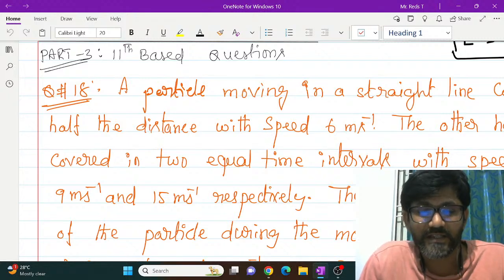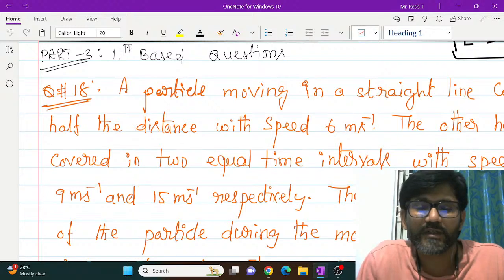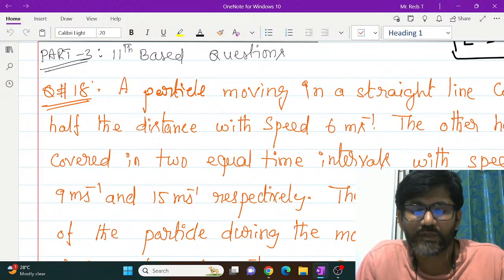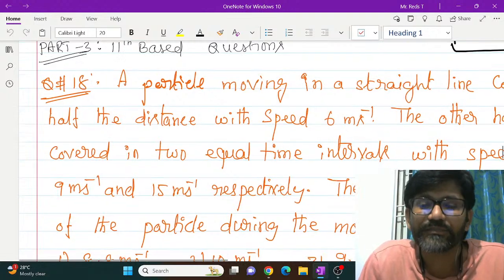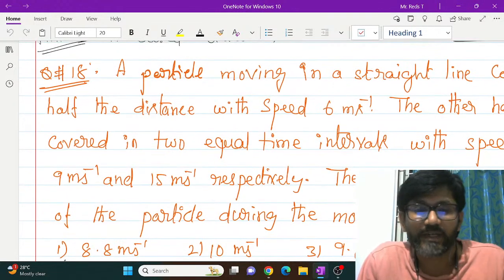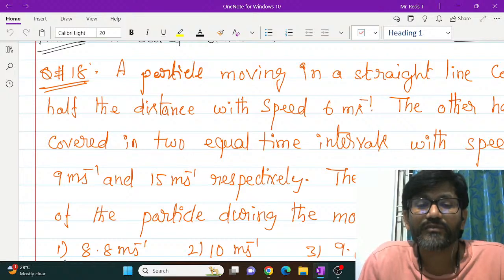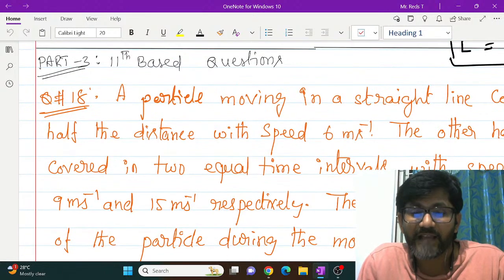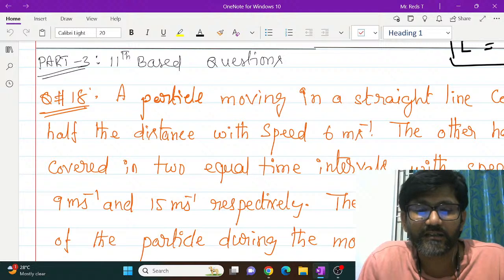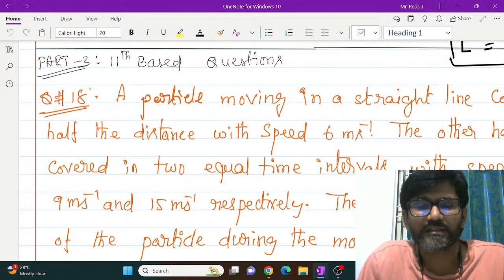If you are able to understand this, you are on the positive track. If not, you have to do more and more practice, guys. Then think about the formula which relates the asked parameter and the given data. Then substitute the values and simplify, calculate. Then you will get the answer.